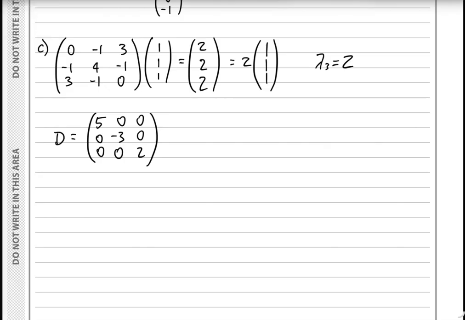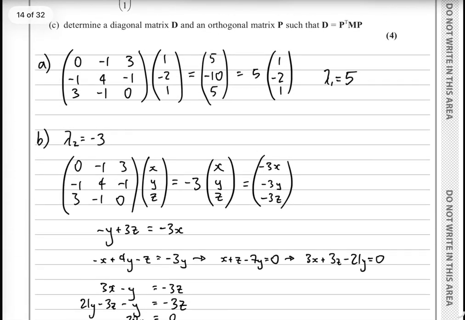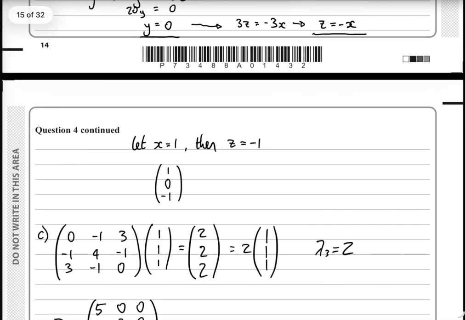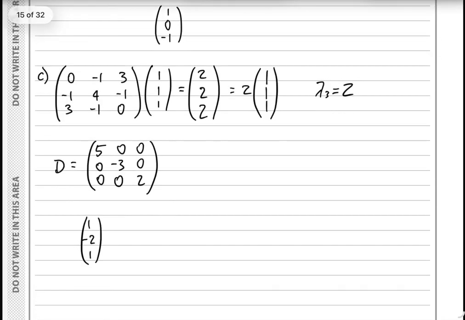So for P, I need to find normalized eigenvectors. So we had 1, minus 2, 1. And our second one was, oh, this one here, 1, 0, minus 1. And our third one, 1, 1, 1.